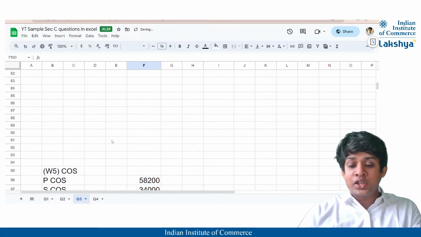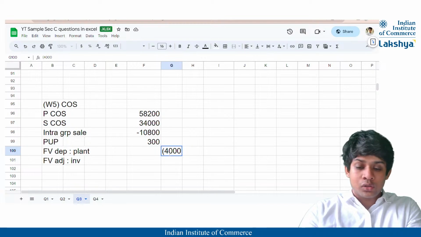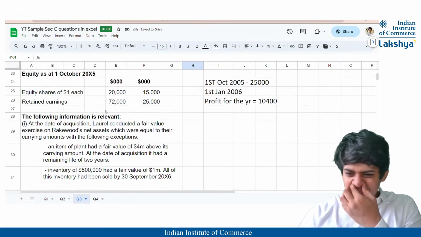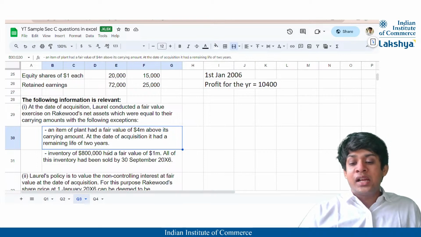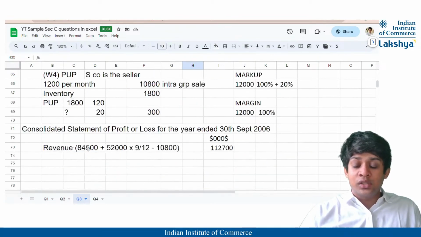And fair value depreciation of the plant will be how much? Now, the plant fair value was 4,000, as you can see here. An item of plant had a fair value of 4 million above its carrying amount, and at the date of acquisition, it had a remaining useful life of 2 years. That means you're depreciating it using 2 years.